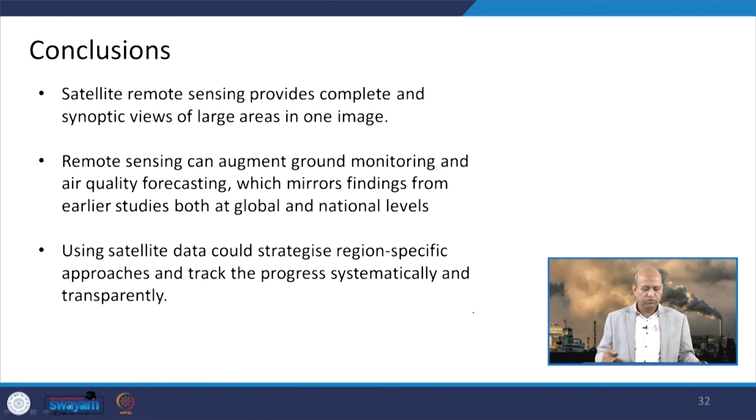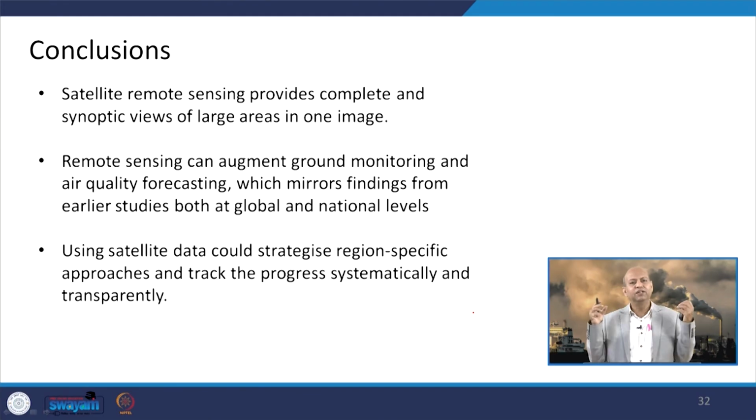So this is all for today. We can say that satellite remote sensing provides complete and synoptic views of large areas in one image. That is the beauty of satellite observations, which is not possible by point to point physical monitoring of the data. Remote sensing can also augment the ground monitoring and air quality forecasting, which mirrors findings from earlier studies at the global and national level.